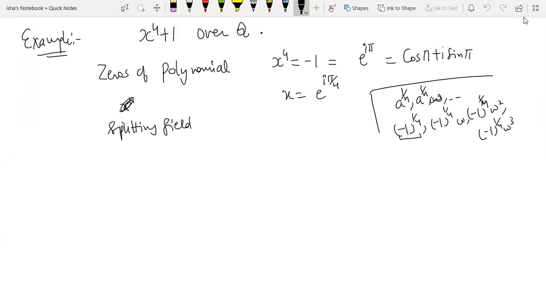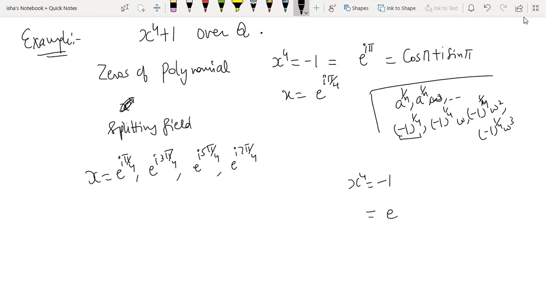So the roots of this polynomial will turn out to be, if you do the calculation, which I hope you might have done, e raised to power i pi by 4, e raised to power i 3 pi by 4. Let me just write. Because when you solve this, x raised to power 4 is minus 1.